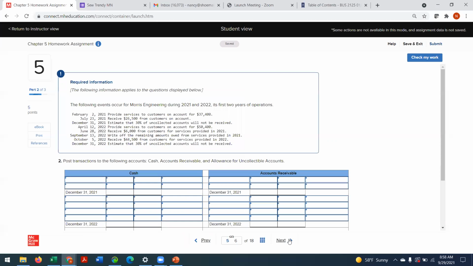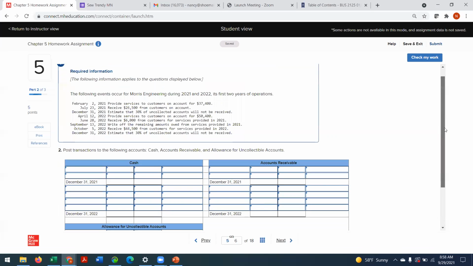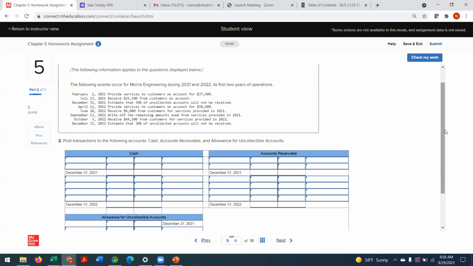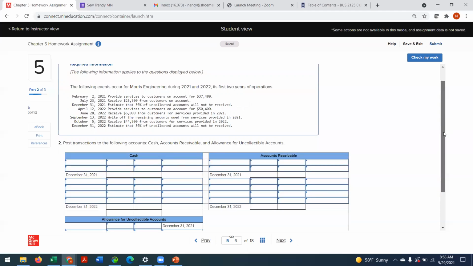So let me go back and see if I'm just going to finish this portion so you understand what I'm doing. So what they want us to do is post these transactions to the cash account, the accounts receivable, and the allowance for uncollectible accounts.